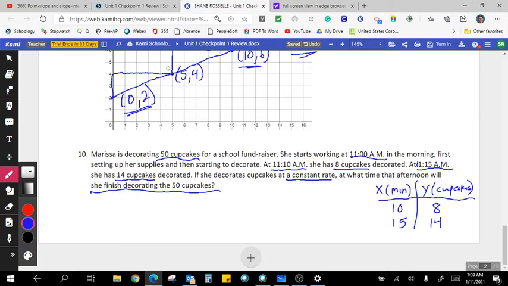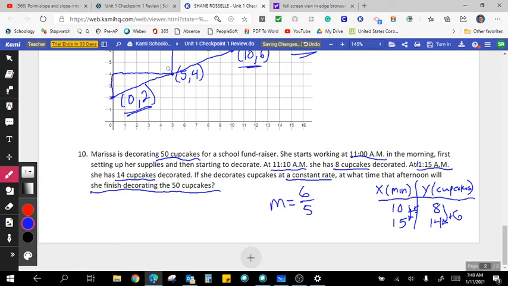We have to figure out our rate of change, which is change in y over change in x. So m is going to be plus 6 on this side and plus 5 on this side.